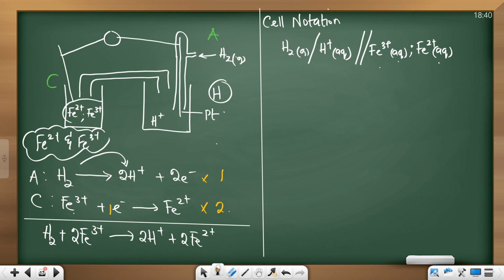Because I have a gas. Here, what is this electrode? Platinum. Why? Mixture of ions. So I need to come here and say platinum, which is what? A solid. And then at the end as well, platinum, which is a solid. Okay, I'm done.